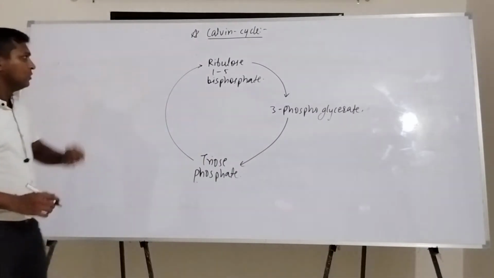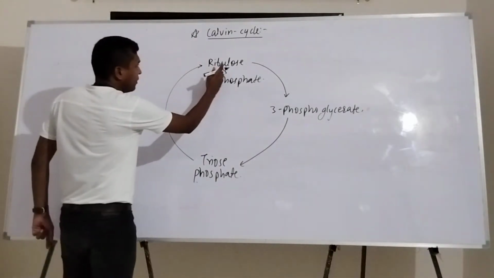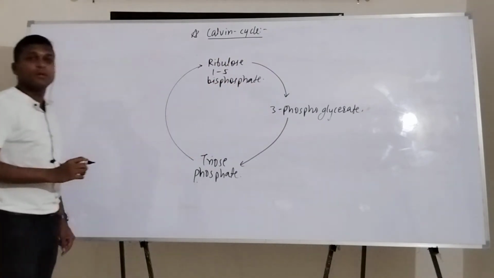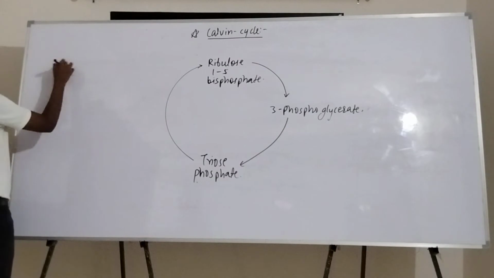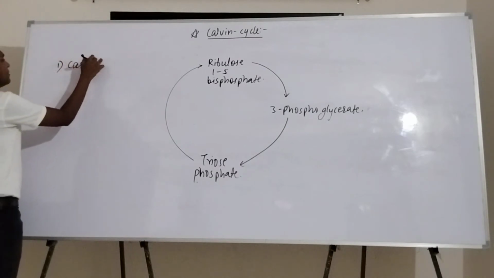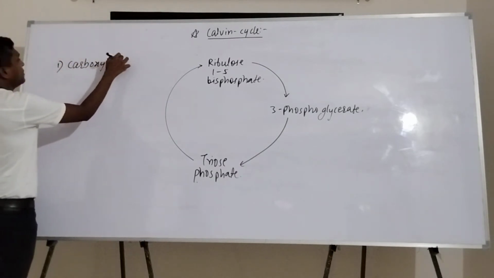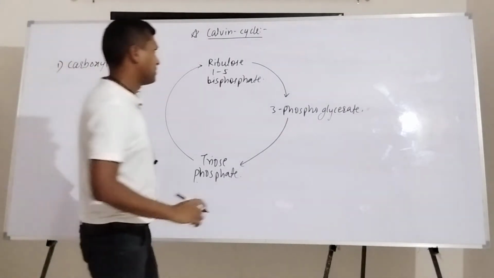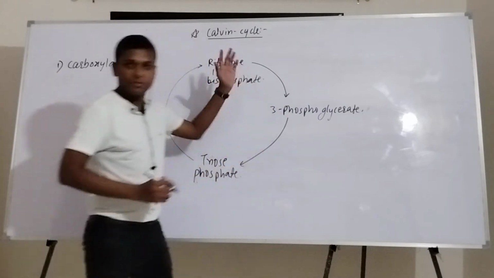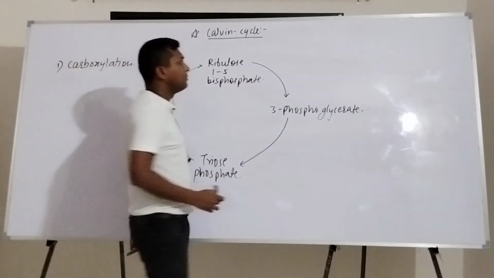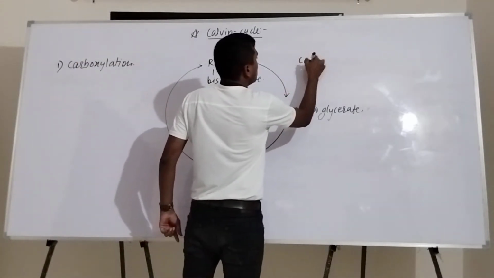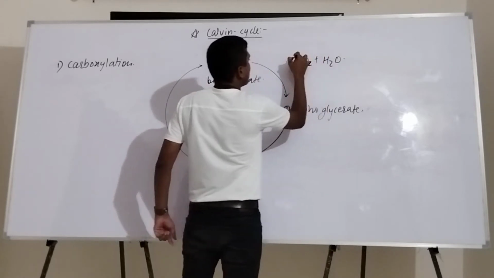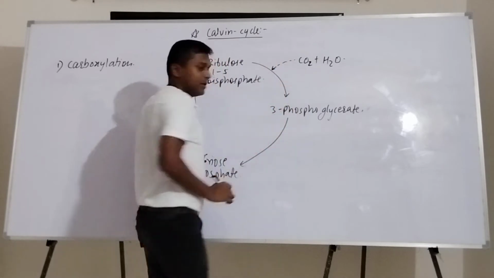So the first step, the conversion of ribulose bisphosphate into 3 phosphoglycerate, is called carboxylation. Why is it called carboxylation? For the simple reason that this ribulose bisphosphate gets combined with carbon dioxide and water, which are added here.